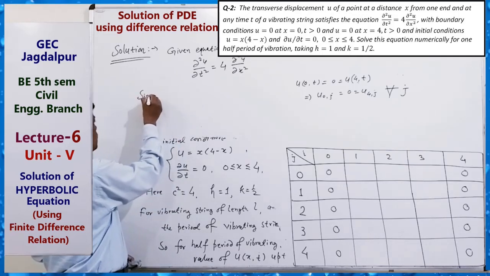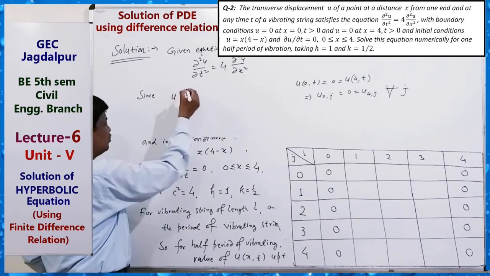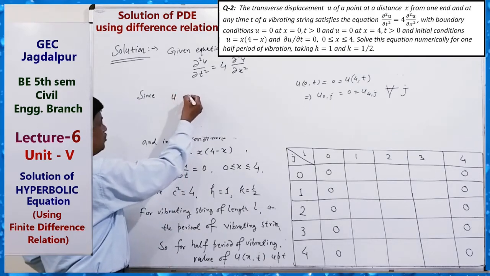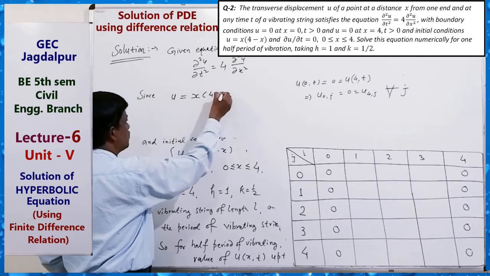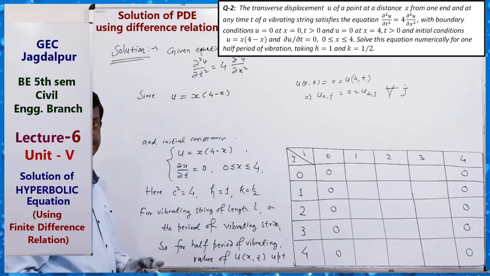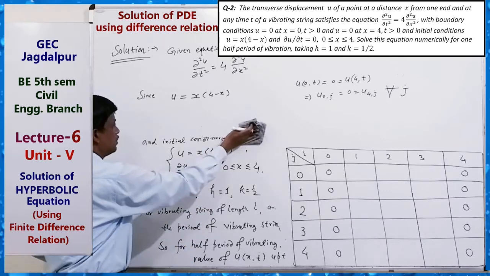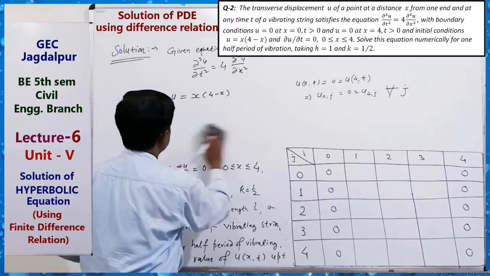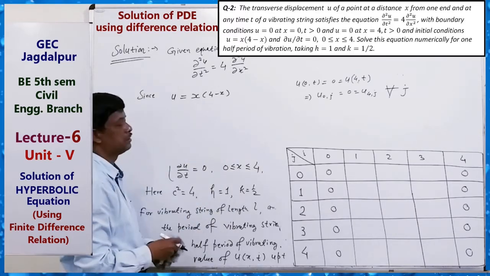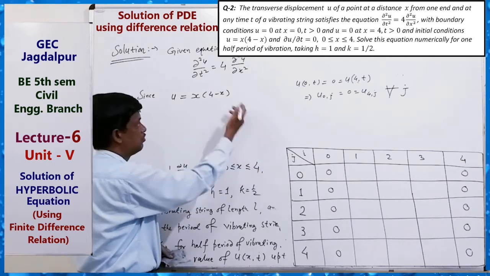Since u equals x(4 minus x), the initial condition for t equals 0.